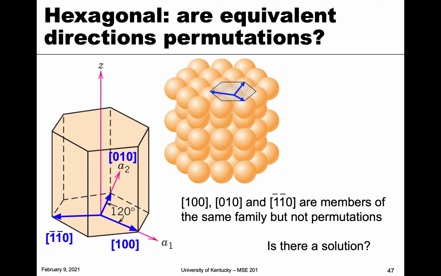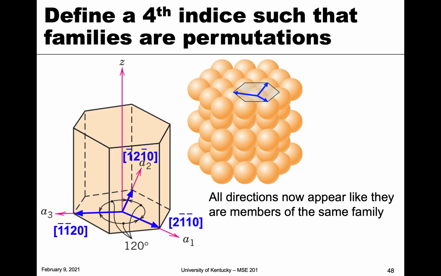And so we can't do that when we have X, Y, and Z, or three axes, A1, A2, and Z in this case. So what we have to do is define a fourth index so that we can get permutations. And so now instead of just A1, A2, and Z, we have A1, A2, A3, and Z.